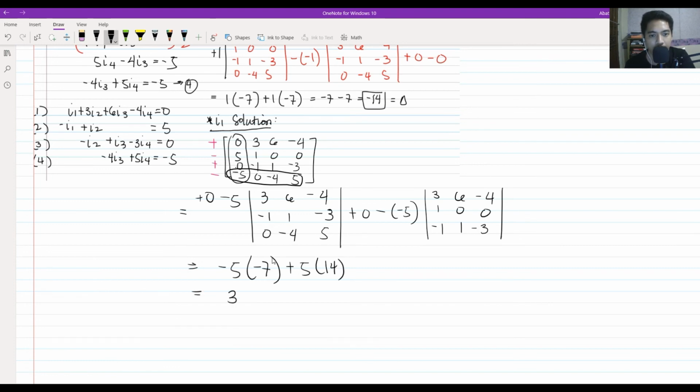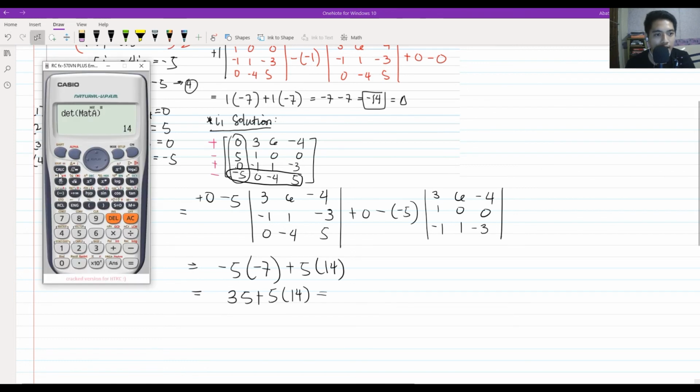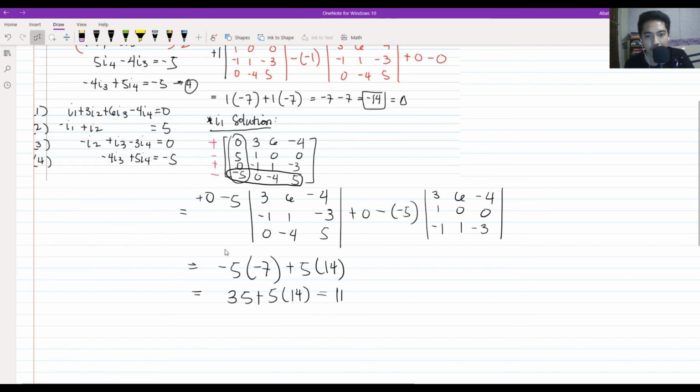So we have 35 plus 5 times 14. We calculate that, and we have 105, which would be our delta sub 1.